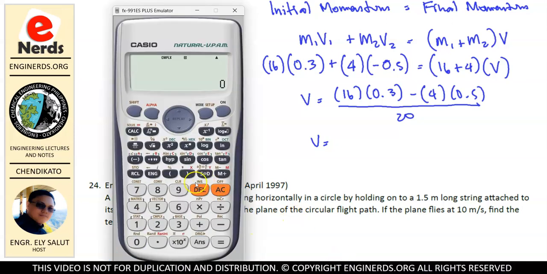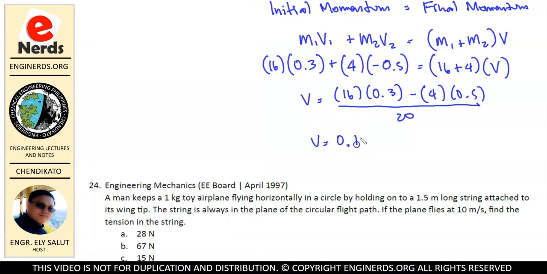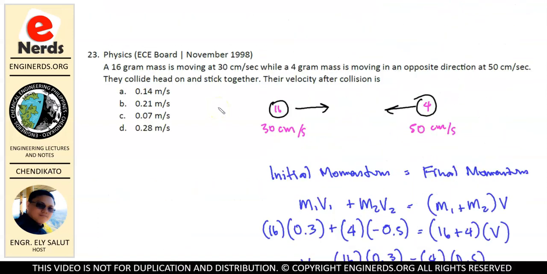Let us use our calculator: 16 times 0.3, then minus 4 times 0.5, and divided by 20. So we have 0.14 meters per second. We are already in meters per second because we converted during our computation. So we have 0.14, which is letter A.